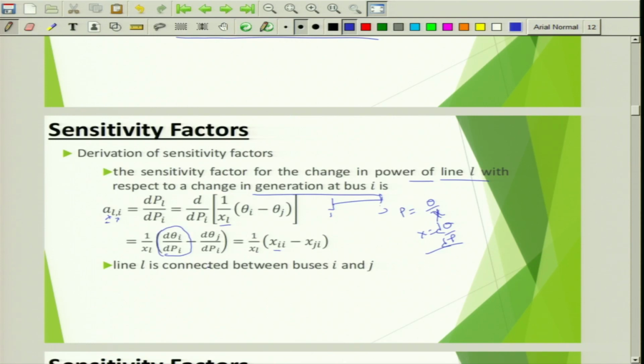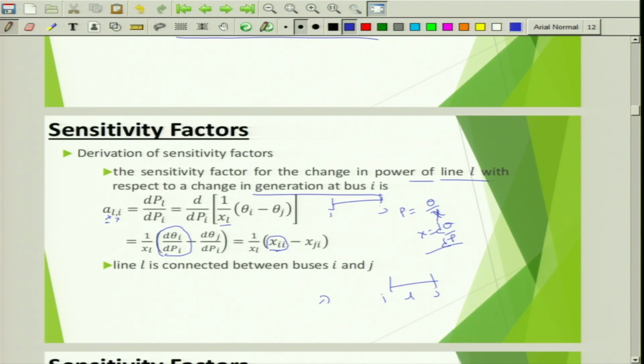What we are saying is that there is a bus I where the injection is happening, and there is also line L, which is connected between bus I and bus j. So this reactance is the reason why the sensitivity is changing.